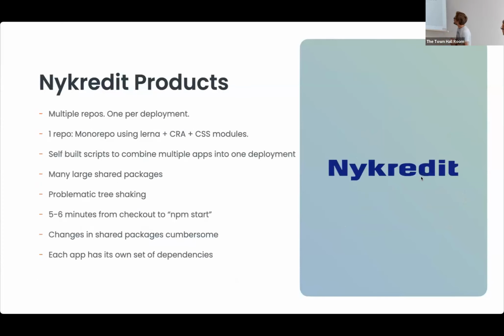Then we did the same thing for Nuclear. They have many repos. Basically, their philosophy is every app they deploy is a repo. They have one repo though where they deployed 4 apps with a landing page.